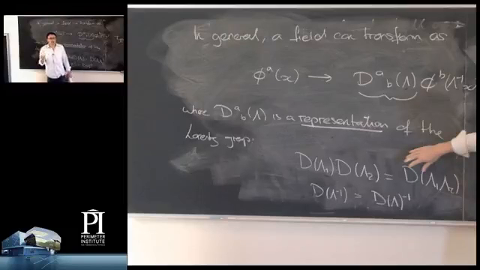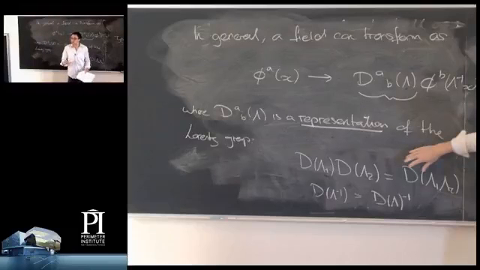So this should hopefully be slightly familiar from angular momentum in quantum mechanics, where angular momentum is associated to rotations, but what you do is you consider making just infinitesimal rotations, and you get operators which obey certain commutation relations that are responsible for these. Okay.